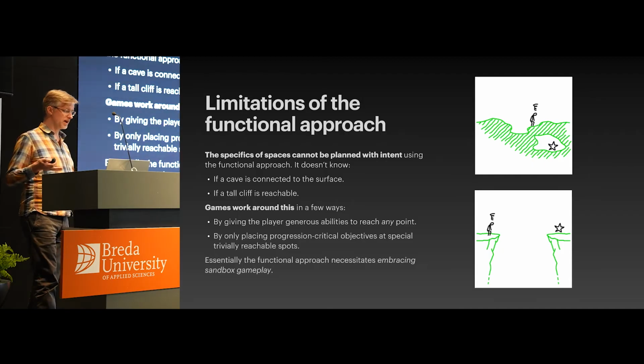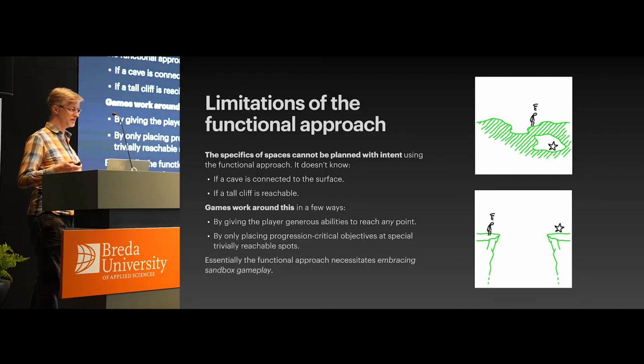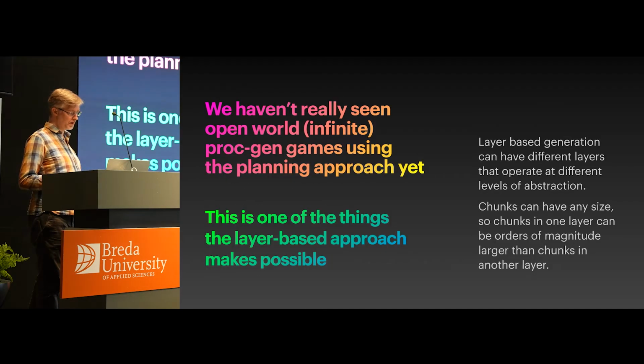But of course, not all games aspire to be of the sandbox type. At least as far as I'm aware, I haven't really seen any open world, infinite procedurally generated games using the planning approach yet. But this is something that this layer-based approach makes possible.